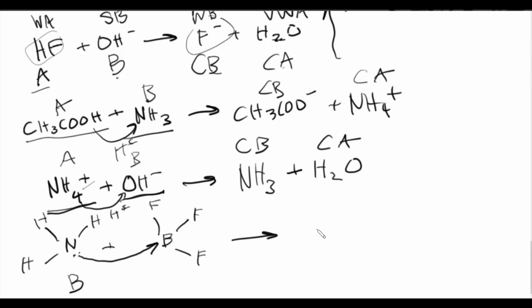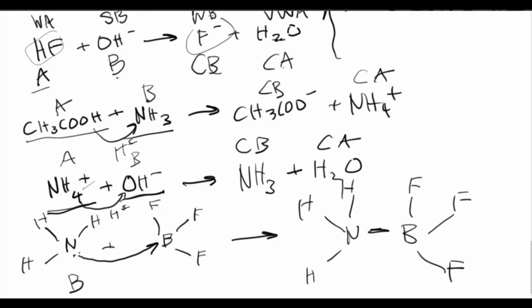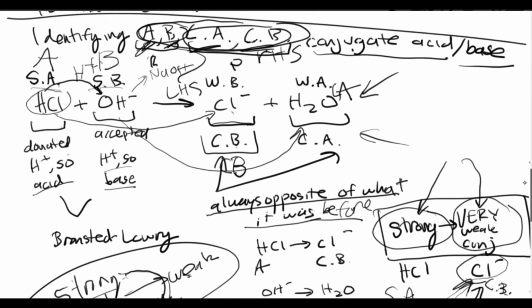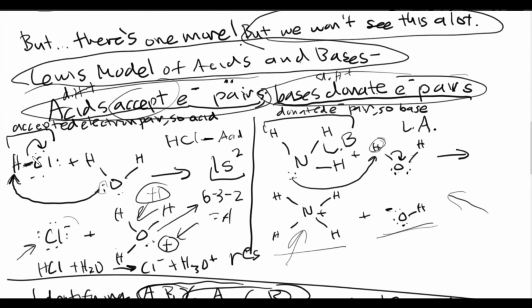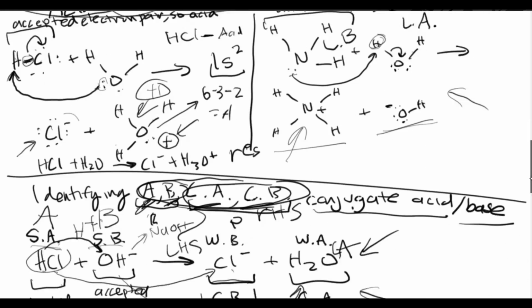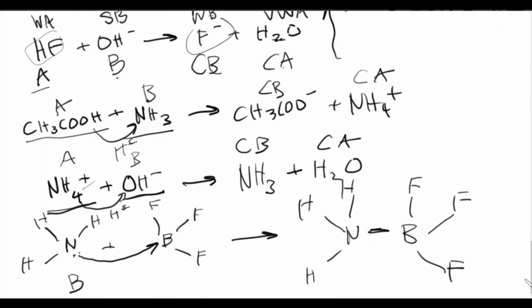And what you end up with is N, H, H, H connected to B, F, F, and F. Now, you might be wondering how this exactly works, because in past acid-base reactions, we noticed that when we transferred it, the bond has to be broken right after it is formed. But why did it not happen this time?